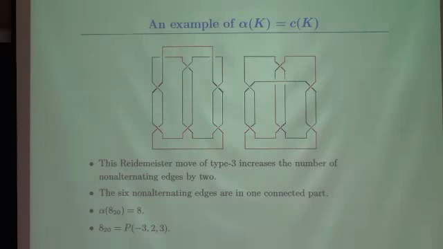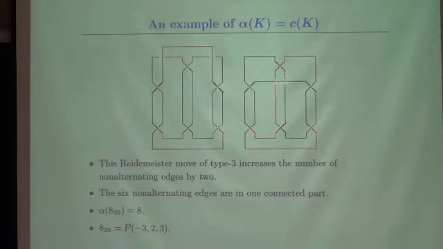So it also has 4 non-alternating edges, but if you do Reidemeister move 3, then here you have these are still there, and these 2 non-alternating edges become 4 non-alternating edges, but they are connected all together.